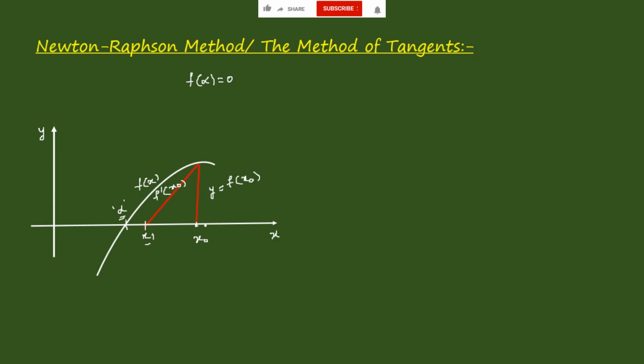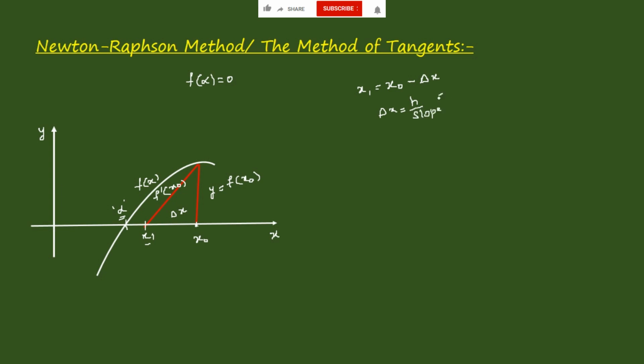If you consider the difference between x1 and x0 as delta of x, we can consider x1 is equal to x0 minus delta of x. What is delta of x? It is in a triangular form, so it is equal to height by slope.